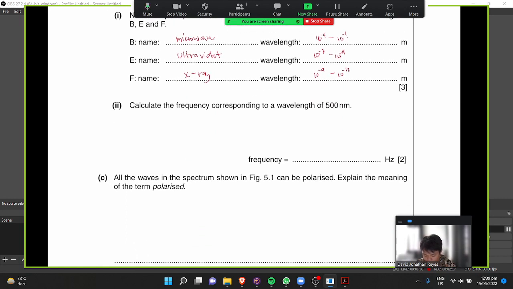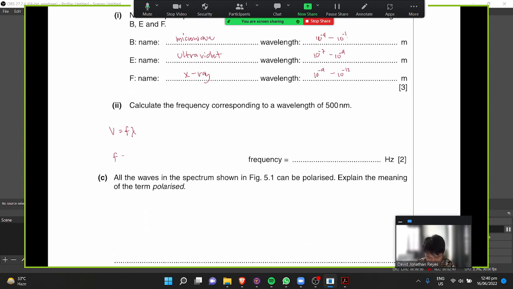Calculate the frequency corresponding to a wavelength of 500 nanometers. In this question, you're going to be using the wave equation, which is v equals f lambda. You're trying to find f, so make f the subject of the equation.